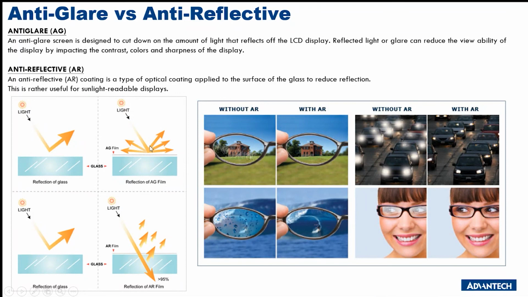For anti-reflective, when the light comes in, it tries to cut the amount of reflection, to improve sunlight readability. You can see here.